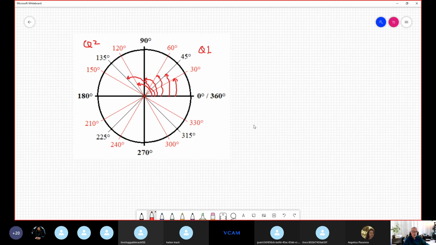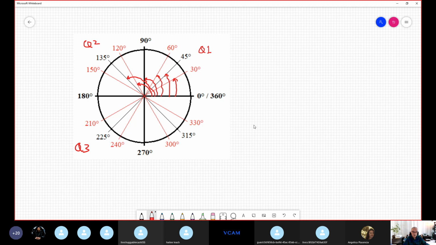And 90 plus 60 is 150 degrees. 120, 135, and 150 belong to the second quadrant, and the second quadrant is between 90 and 180. Quadrant 3, you increase by 30: 180 plus 30 is 210.